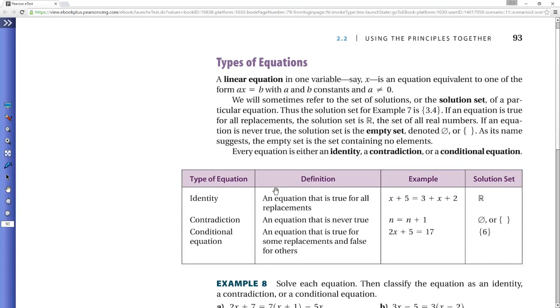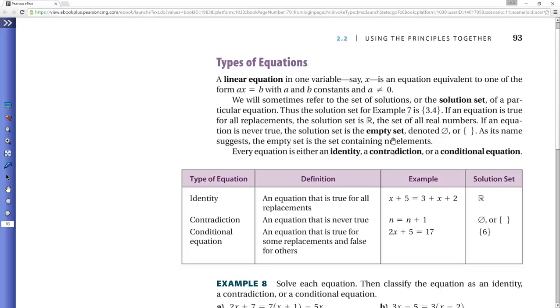Now, types of equations: we have linear equations in one variable. Say x is an equation equivalent to one of the form ax equals b, where a and b are constants or numbers, and a is not equal to 0. And really I'm reading this stuff to get used to this language.